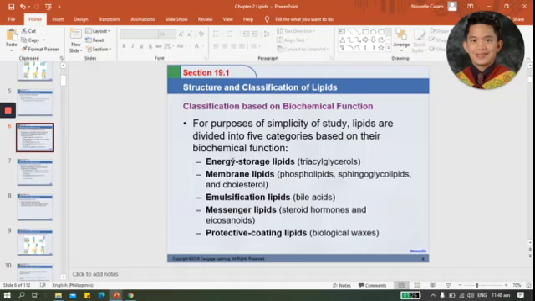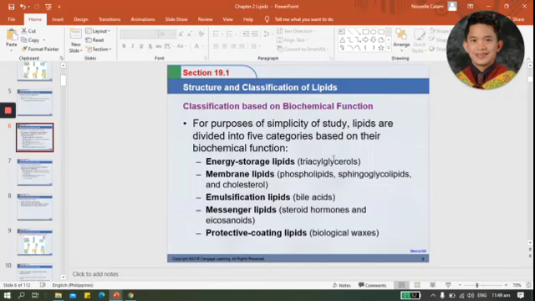From their very names, we can already see what kinds of functions they perform in our bodies. Energy storage lipids are those lipids that store energy. An example of these kinds of lipids are the triacylglycerols.